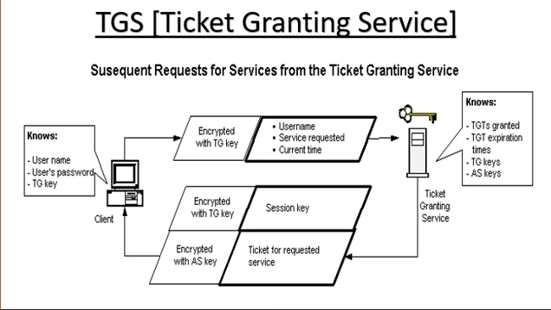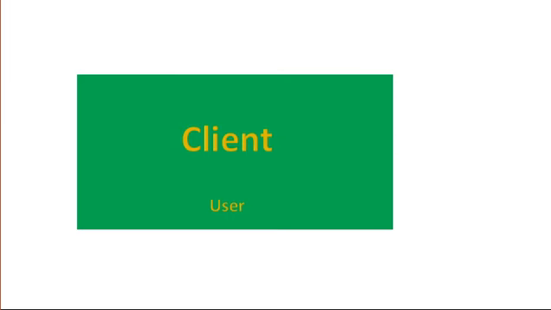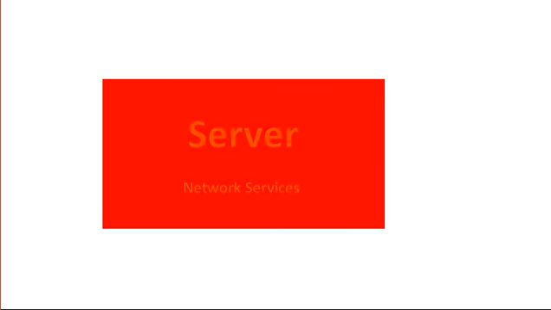If the TGS approves of the client's request, a service ticket is generated for both the client and the target server. The client reads its portion using the TGS session key retrieved earlier from the AS reply. The client presents the server portion of the TGS reply to the target server in the client-server exchange coming next.